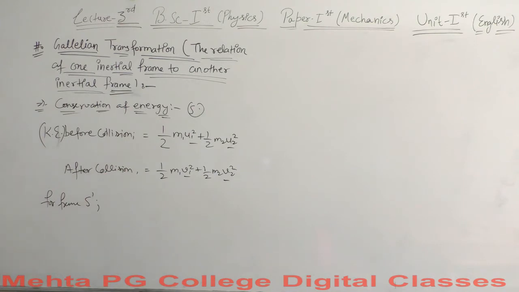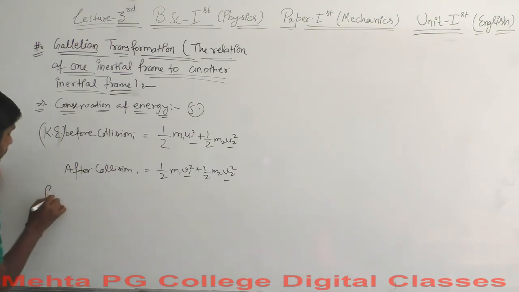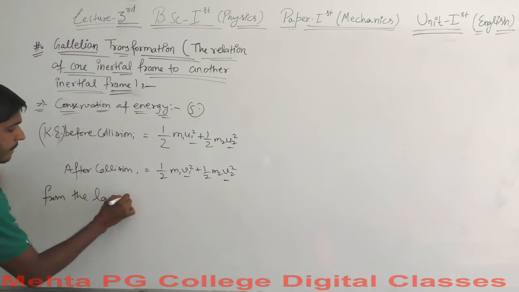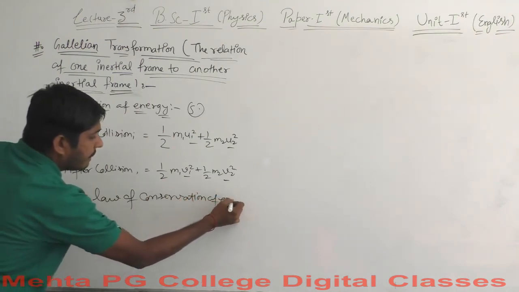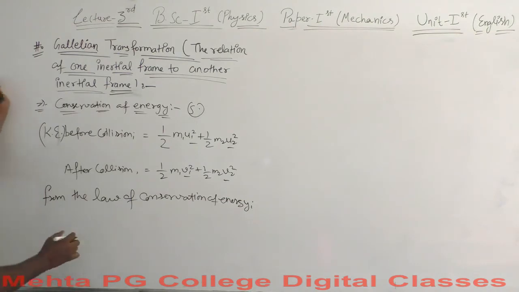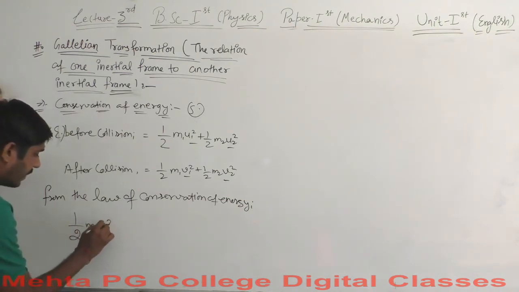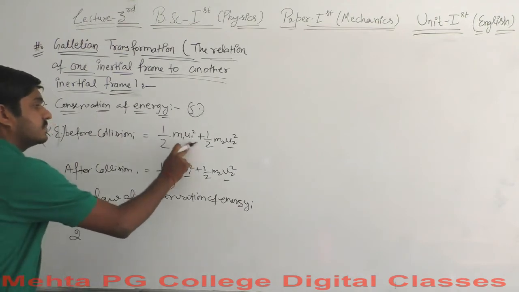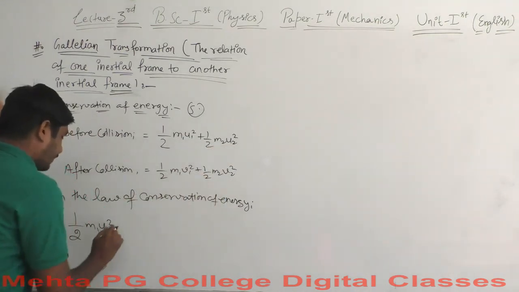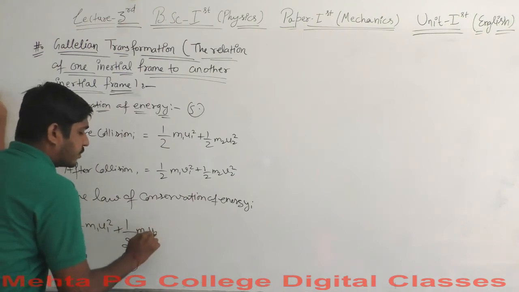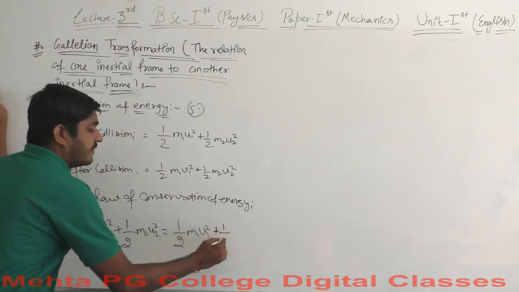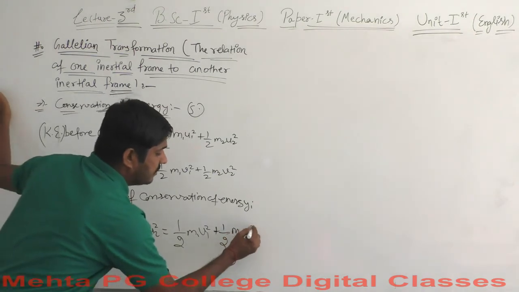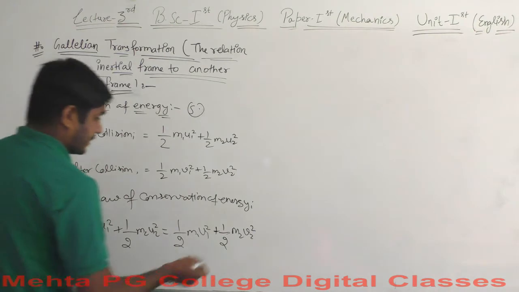For the frame S dash, we will transform these velocities. Sorry, I have skipped one step here. From the law of conservation of energy, half m1 u1 square plus half m2 u2 square is equal to half m1 v1 square plus half m2 v2 square.